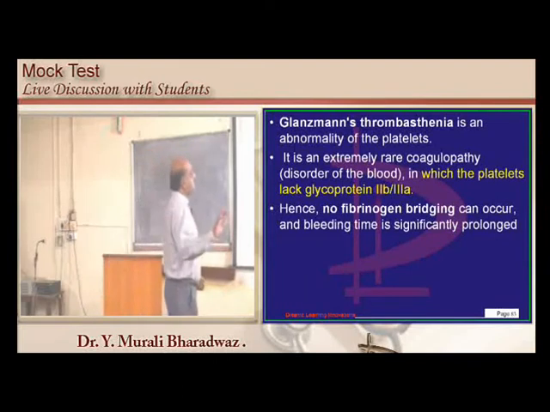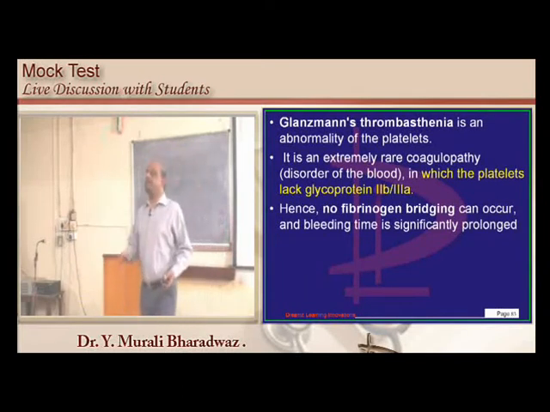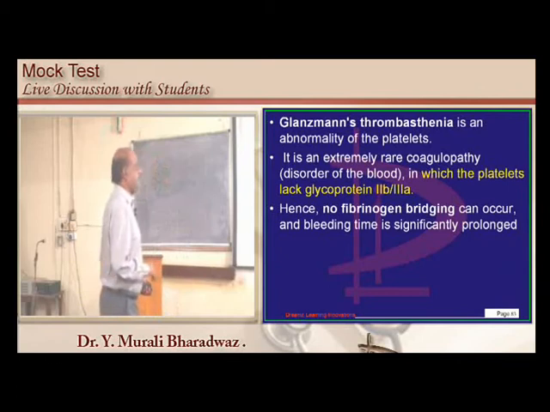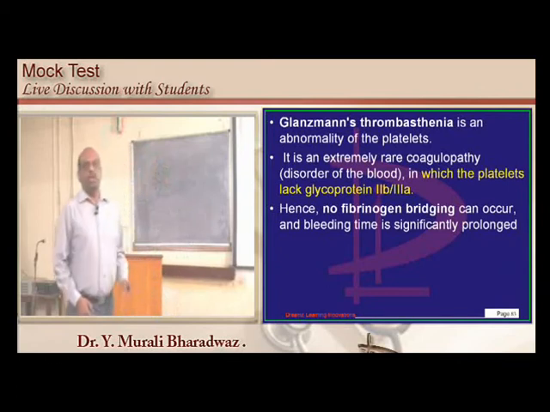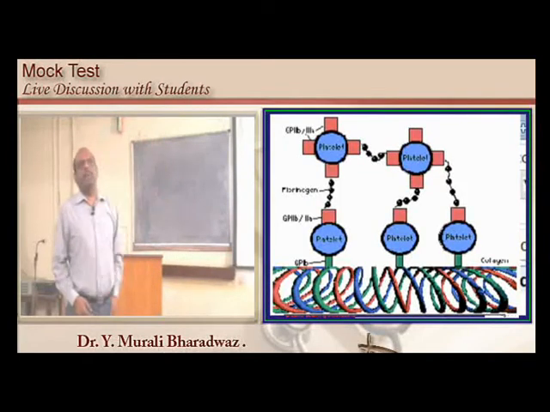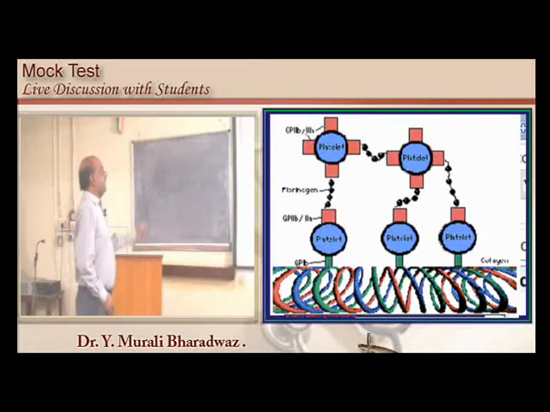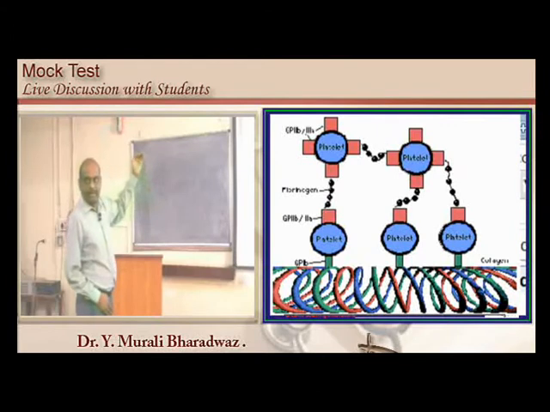So in Glanzmann's thrombasthenia, platelets basically lack glycoprotein 2b3a. This one pictorial should remain in your mind forever, doctor. Platelet and platelet are bound by fibrinogen. For that binding to occur, platelets have GP2b3a receptor, which enables fibrinogen to bind one platelet with the other.